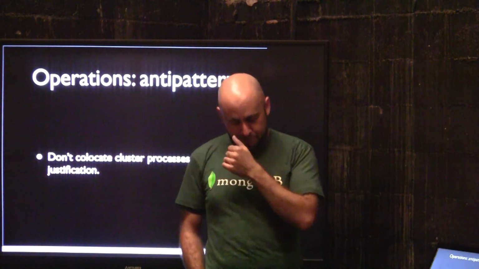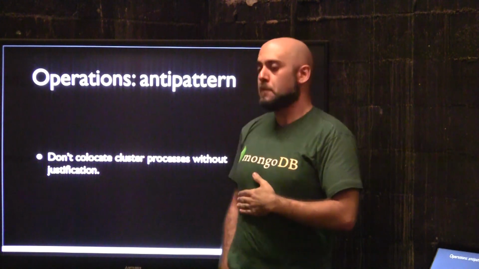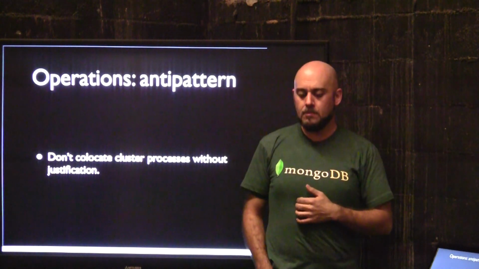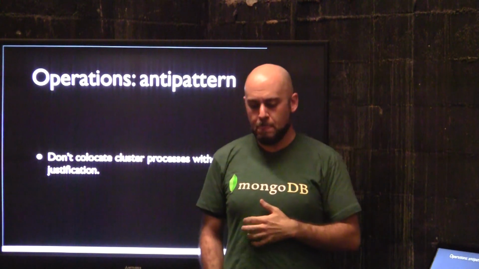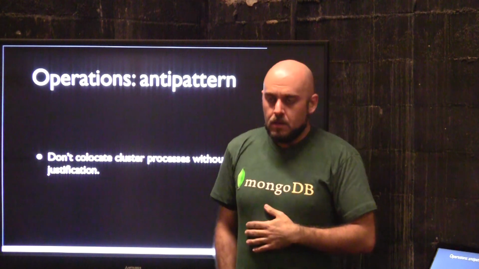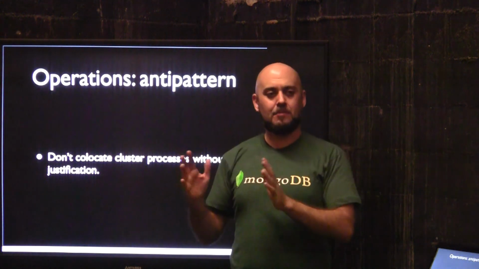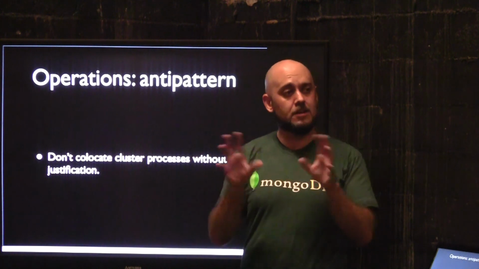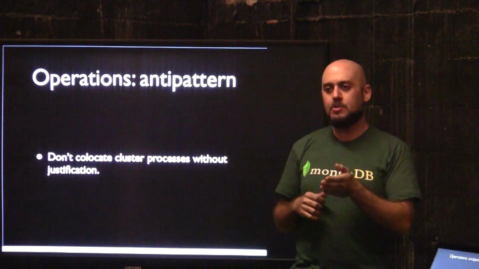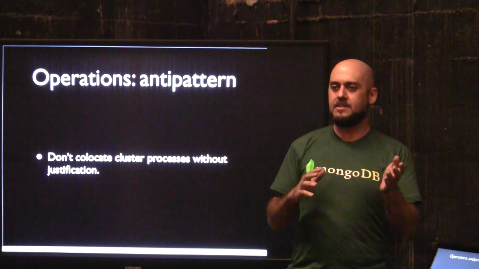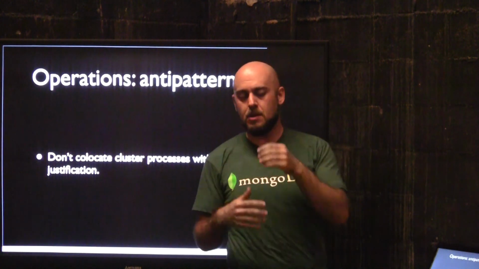And getting back to this handy pattern, co-locating Mongo config processes with the MongoD or MongoS processes, does that make sense or not? So in a sharded cluster, we have another kind of process called a config server that stores metadata about where the data is. You can put config servers on the same host as another normal data storing member.